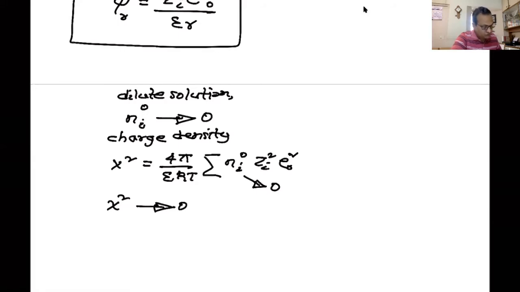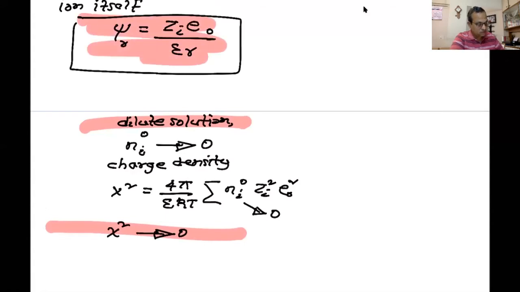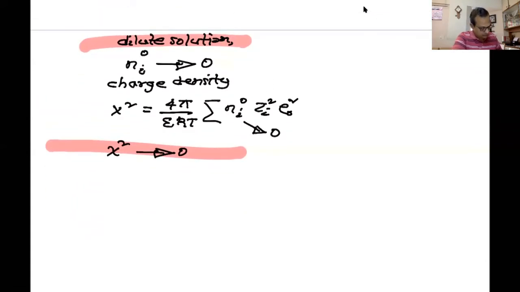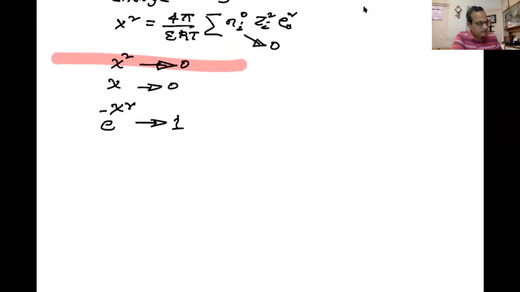So in dilute solution, my chi square tends to 0. Obviously my chi tends to 0, so e raised to minus chi r will tend to 1. Agree?